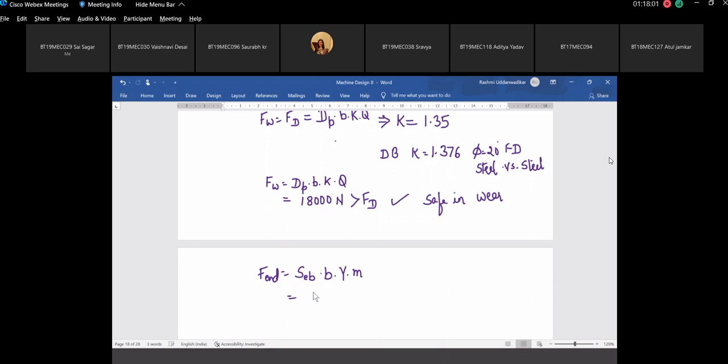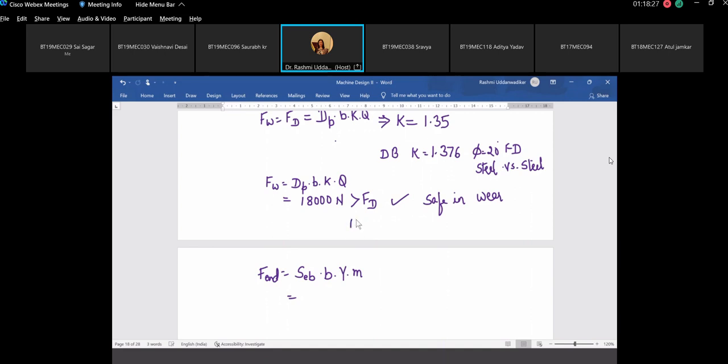For steel, what BHN have we taken with K as 1.375? This is safe in wear if the Brinell hardness number for 1.376 is either 300 as BHN, or 250 and 350.